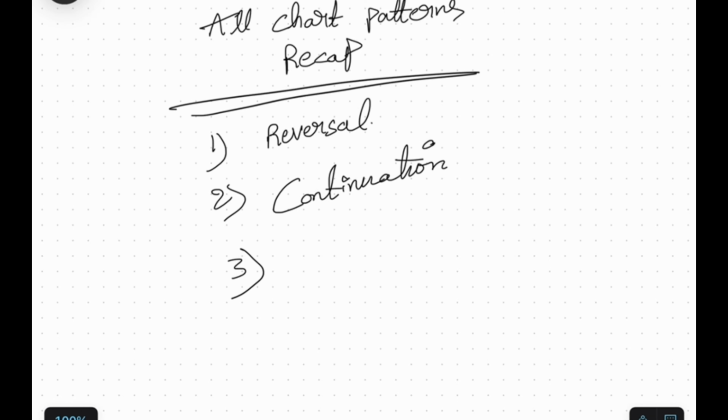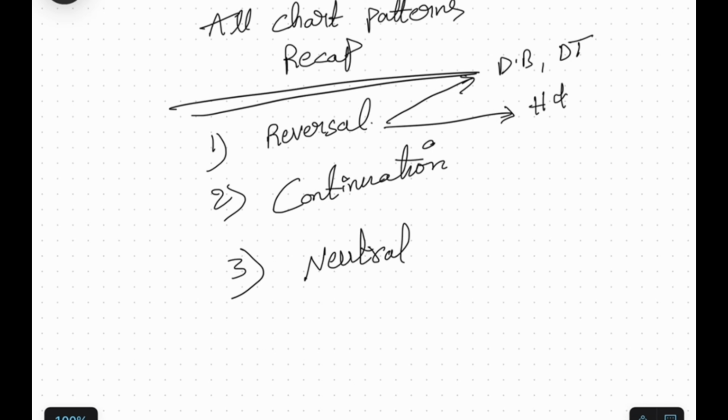Third is neutral patterns. Okay. In reversal, we have discussed double bottom, double top, and head and shoulders.